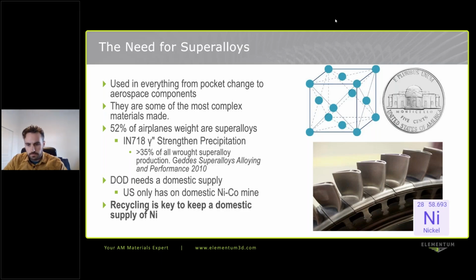And as we continue to need more and more of this industry, more and more need for these alloys to keep the modern world moving.